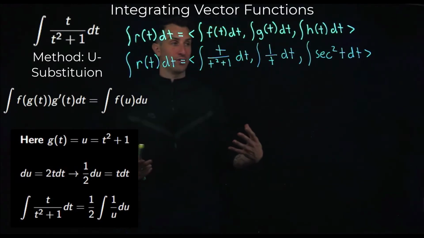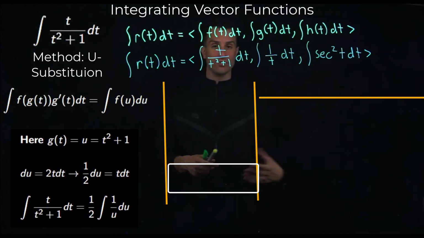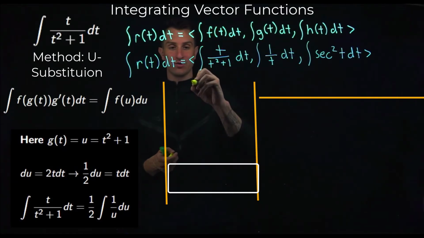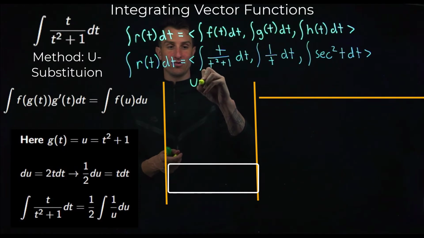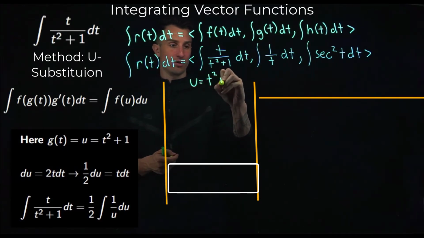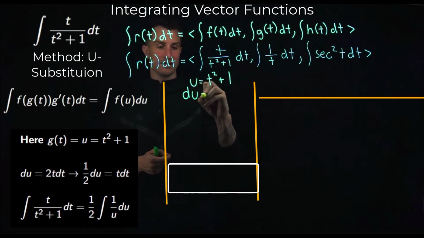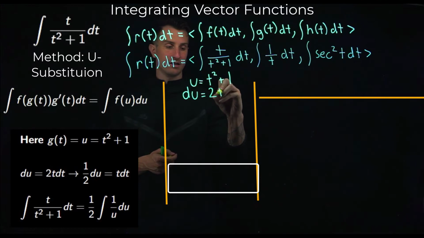And again, the more integrals we do, the easier it is to identify what type of method we should use. So in this case, I'm going to do a U sub. I'll say u is equal to t squared plus 1, which means that du is equal to 2t dt.